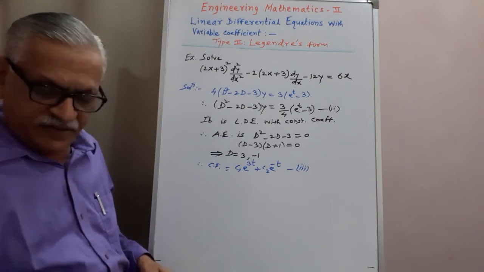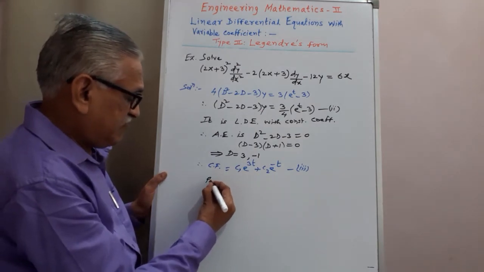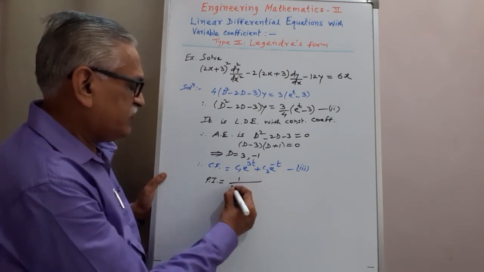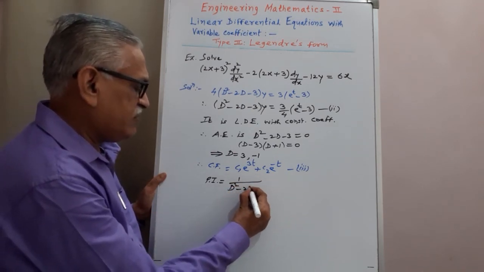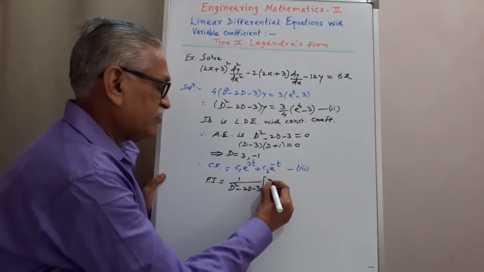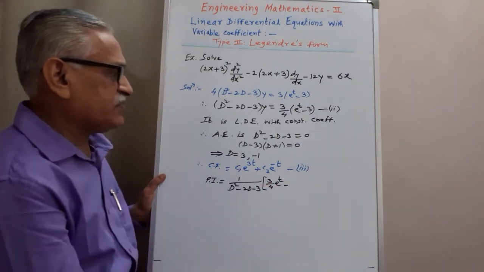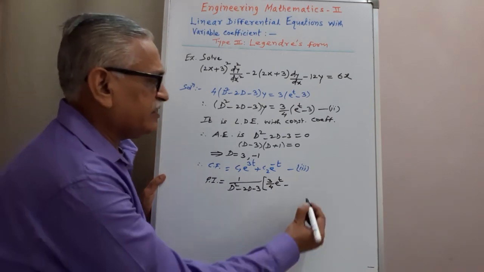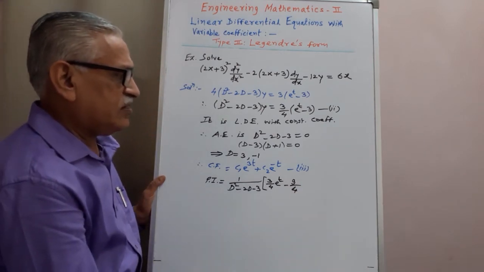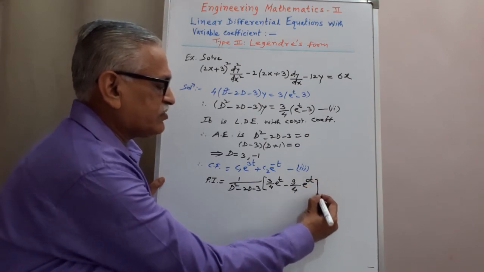Then we find the PI. By the inverse operator technique, it is 1/(D² − 2D − 3) operating on (3/4)e^t − 9/4, where the constant term can be written as e^(0t).